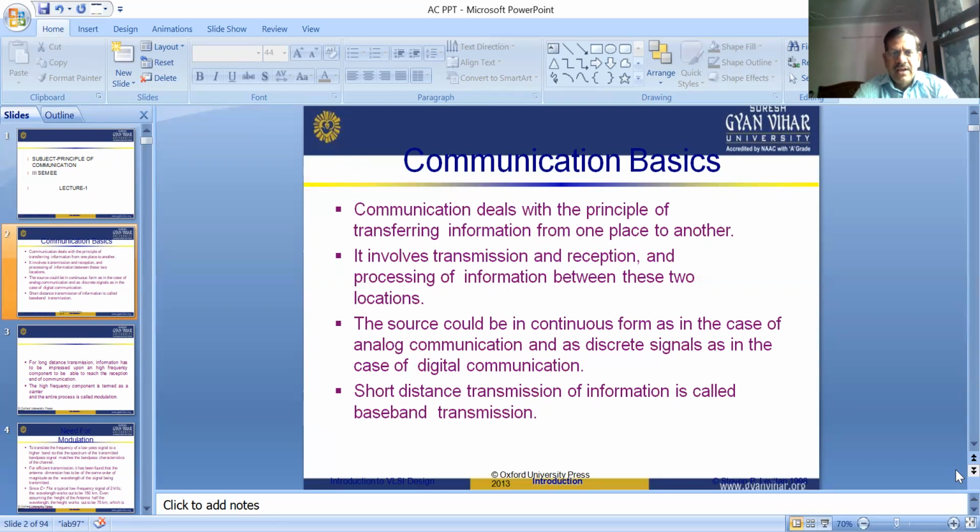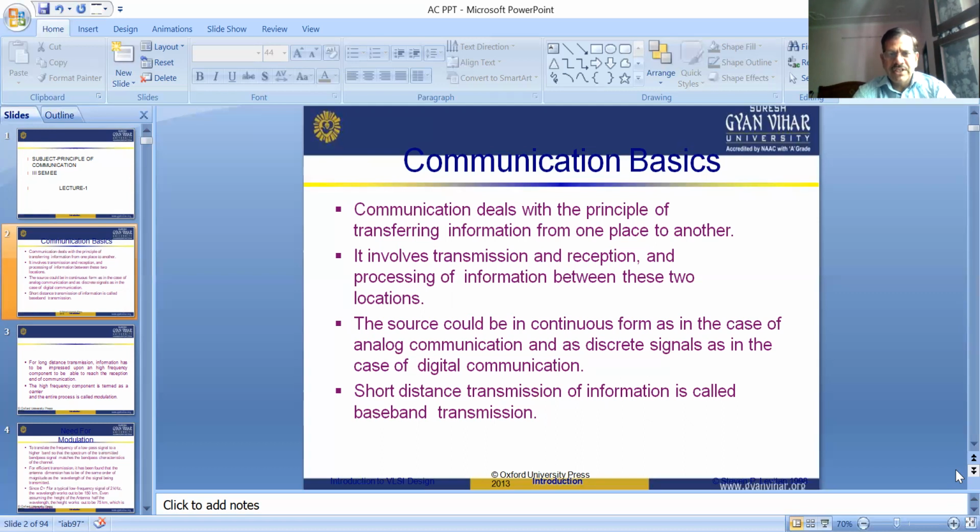That is analog communication. And discrete signal means digital communication, where the signal is broken into different parts as per the time of the analog signal.